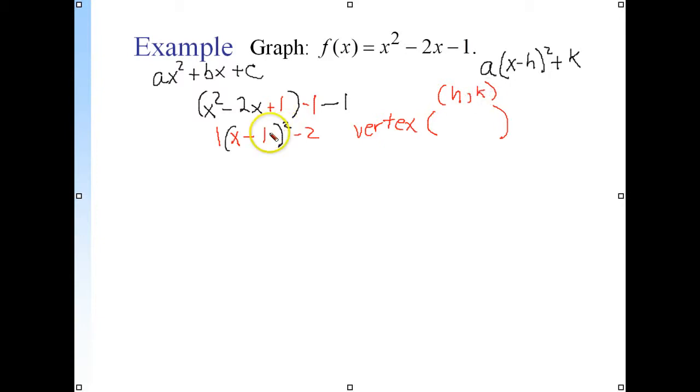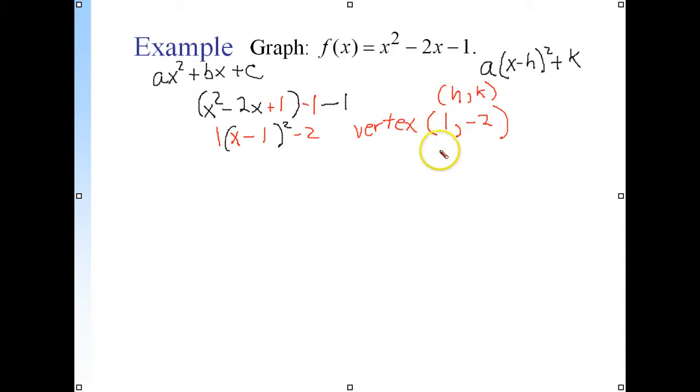And we had said before that when it's in this form, h is a positive 1. We said if you looked at it this way, it's opposite sign. But h is a positive 1 because you'd put a positive 1 right there, and that would make that a negative h. So h is a positive 1, and our k value is just -2.